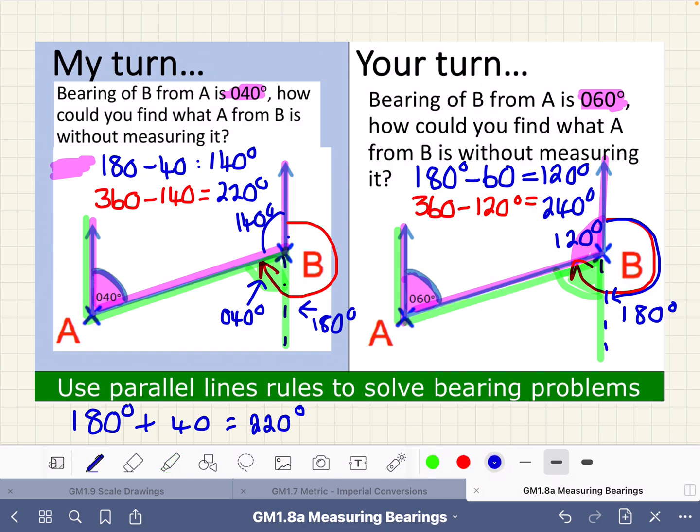Z-type shapes are alternate angles, meaning that this angle here is that 060 degrees again. Altogether, the angle from the north line all the way around the 180 degrees and the 60 degrees here to this line add up to the 240 degrees that we were looking to find. As you can see, either method will give you exactly the same answer.